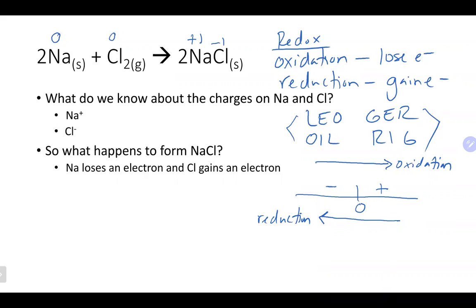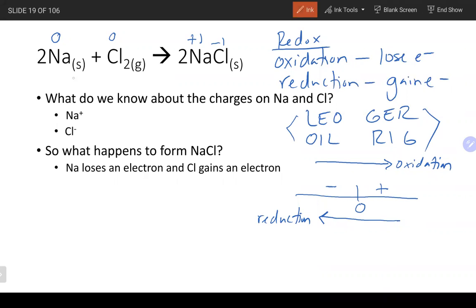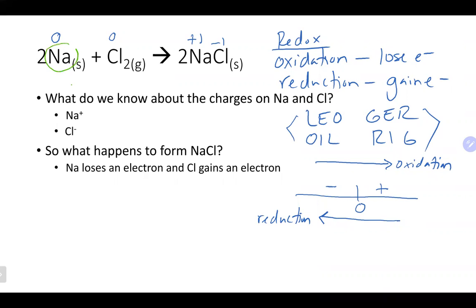So by simply looking at what is happening for each of these things, why don't we start with the sodium here? When we look at the sodium, it is starting at 0 and it is ending at +1, which is moving in this direction, right? Which means the sodium is becoming more positive and it means the sodium is being oxidized, yeah?